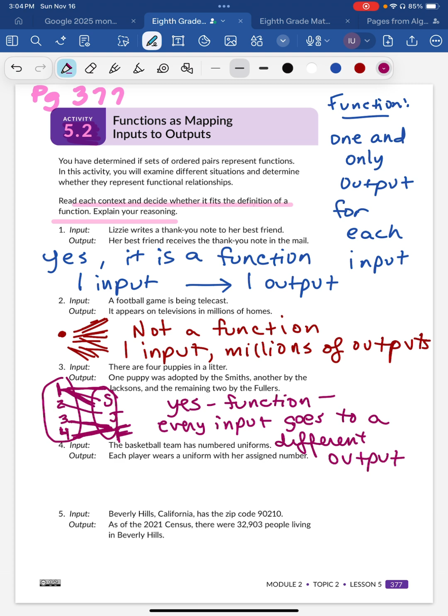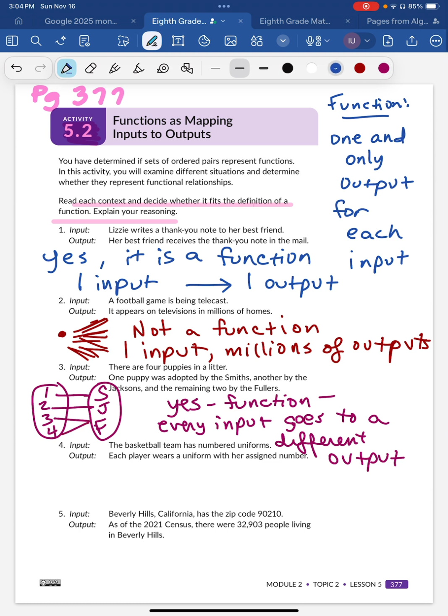If it looked like this, it would not be a function, but it is a function because each puppy goes to a different family. So one, two, three, 4 puppies, and then they go to the Smiths, the Jacksons, and the Fullers get 2.